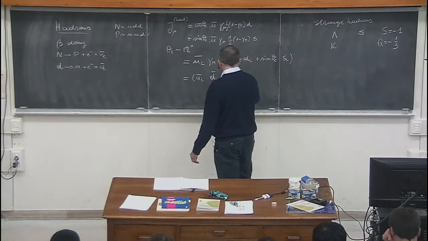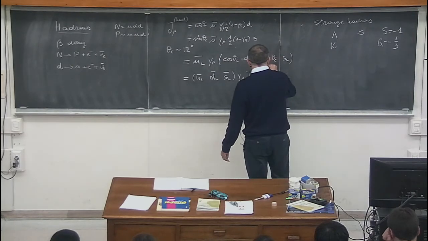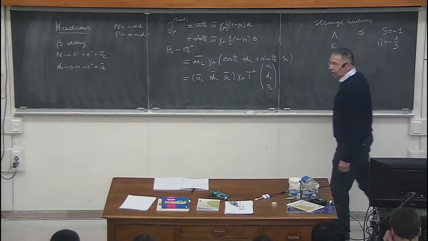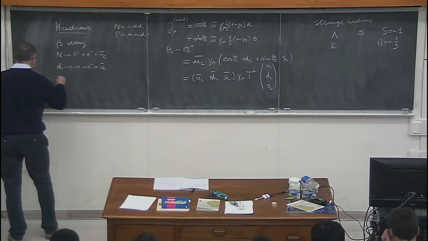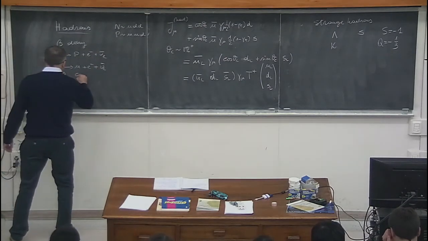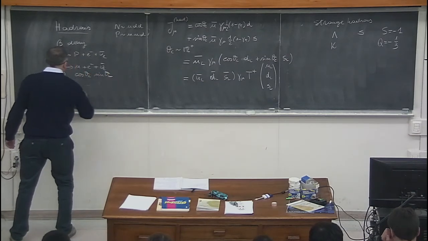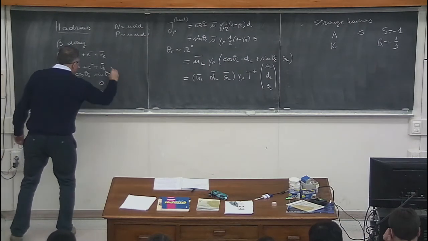where this matrix here, which I don't dare calling a generator, is 0, cosine theta Cabibbo, sine theta Cabibbo, 0, 0, 0, 0, 0, 0.